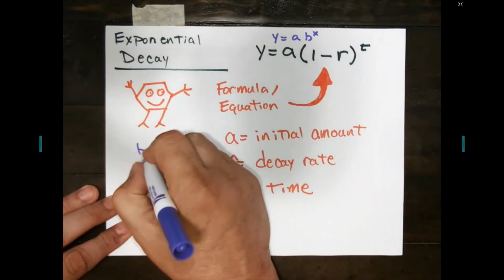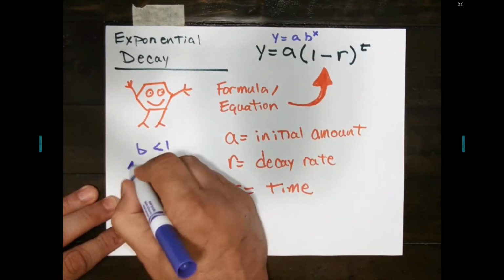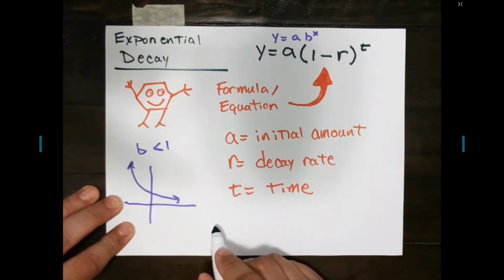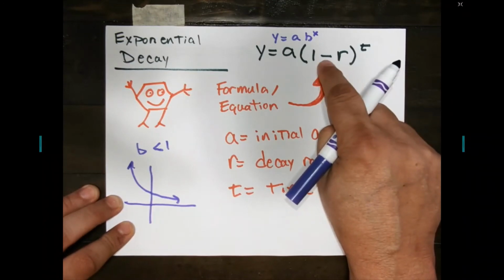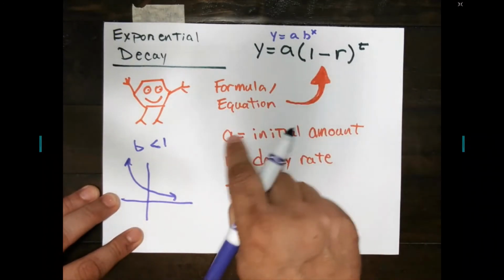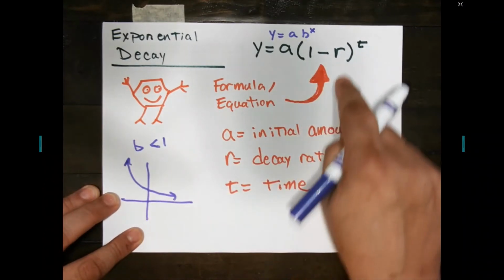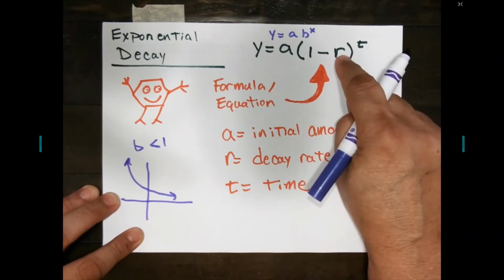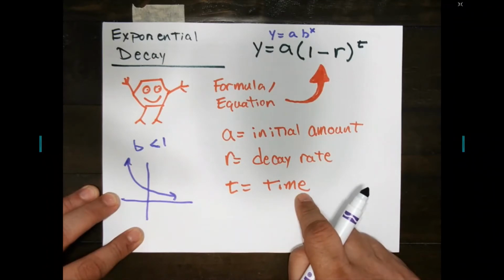So if b is less than 1, then our function is decaying like this. The only way for that to be less than 1 is we have to subtract something from 1. And again, our formula is A is the initial amount, R is the decay rate. Before it was the growth rate, now it's the decay rate because we're subtracting it. And T is the time.